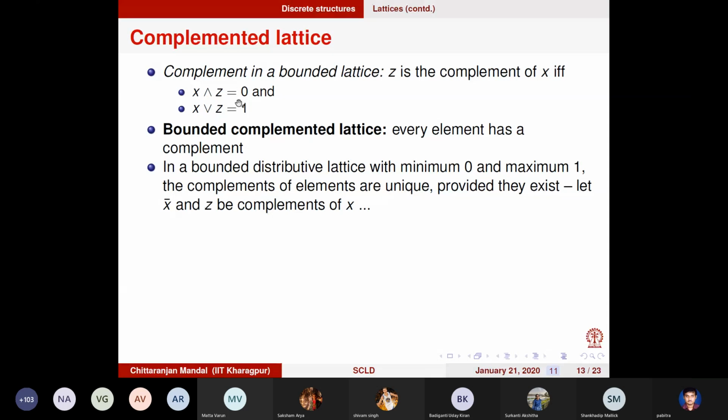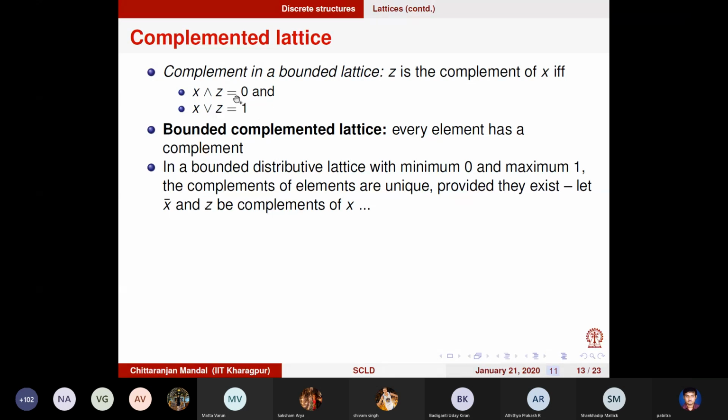Both of these have to hold. If only one of them holds, then you cannot call them complements. If we denote Z as X prime, the complement, then X product X prime is 0, and X sum X prime is 1.